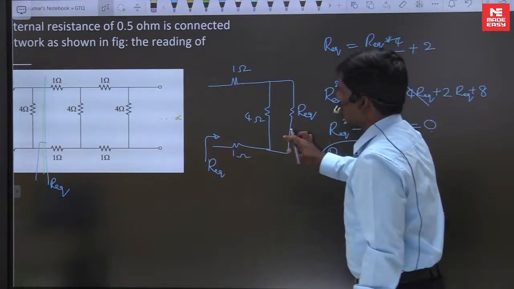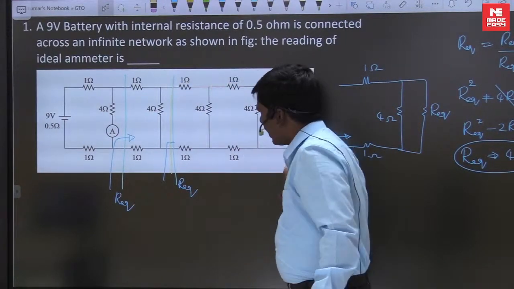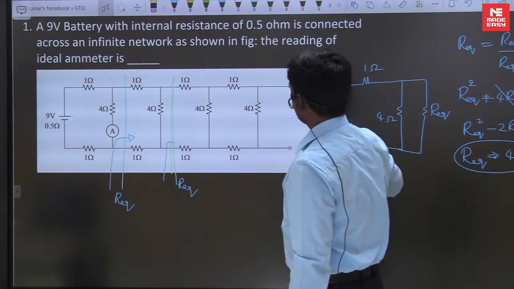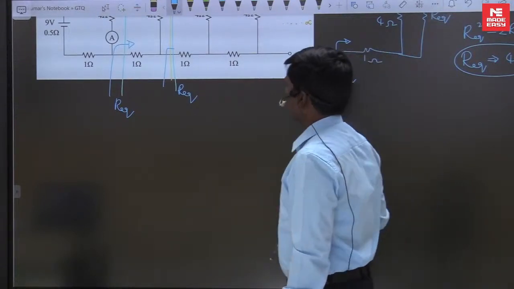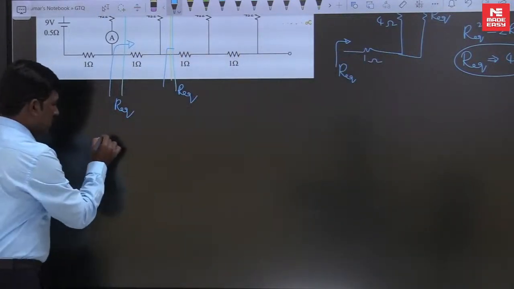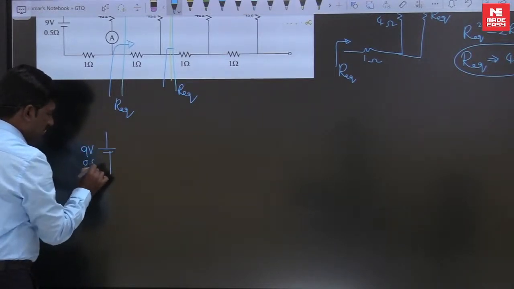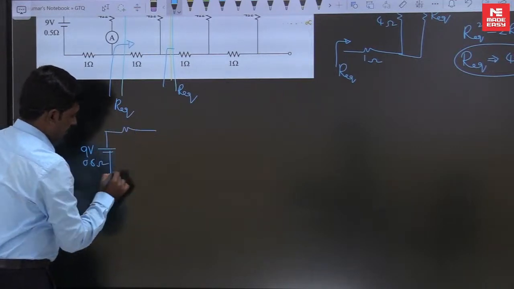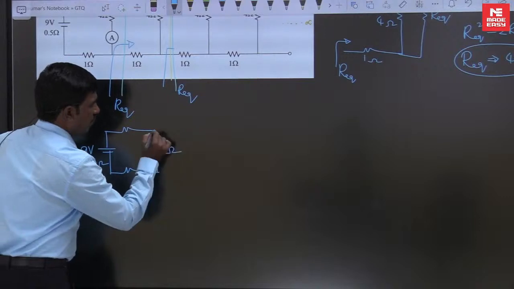Now this total network is replaced with a 4 ohm resistance, with the nine volts source and 0.5 ohms internal resistance. Here 1 ohm, here 1 ohm, 4 ohms and 4 ohms.